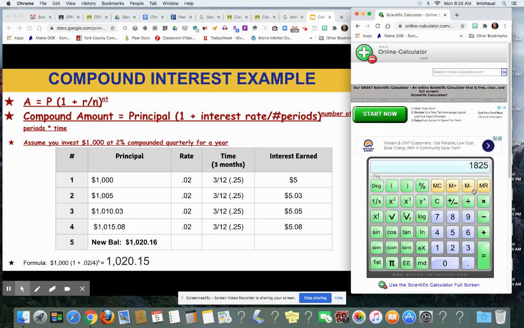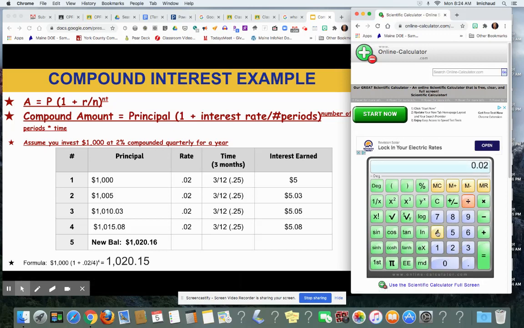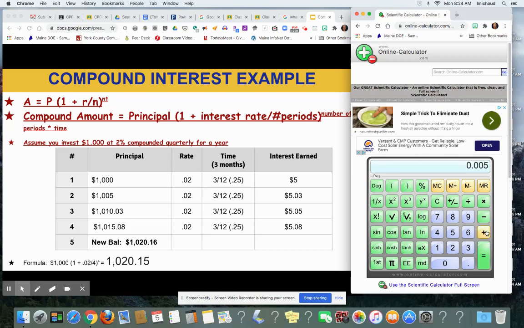So if we did this out on the calculator here, work within the parentheses first, okay? So I would do it this way. I really, really strongly suggest you do it this way so you get more of an accurate answer. So you work within the parentheses first. So you have 0.02 divided by 4, and then click equals. Then we're going to add 1 because that's part of this. 0.02 divided by 4 equals plus 1.